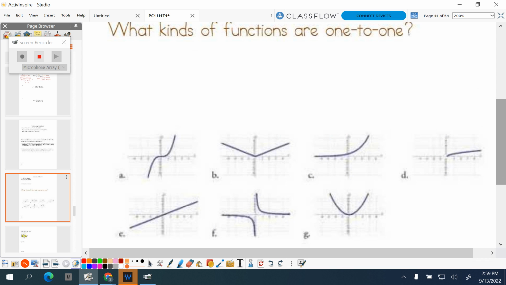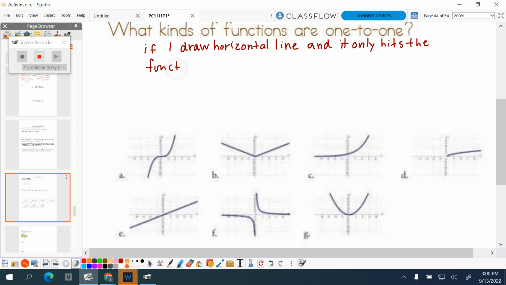So graphically, if I draw a horizontal line and it only hits the function once, right?